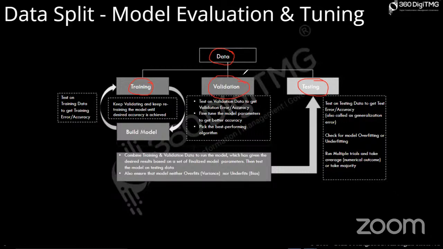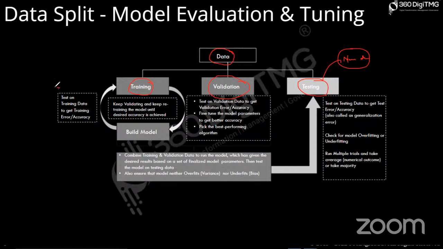If I have more data, I am going to take all these three sets and work on them. The testing data will be my new data.